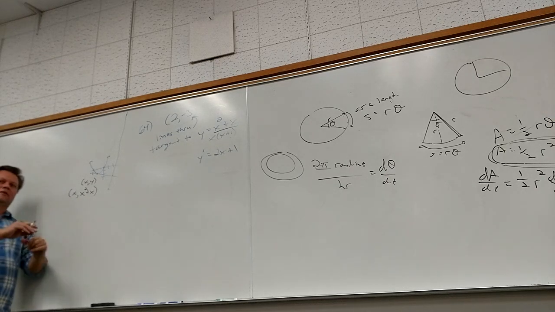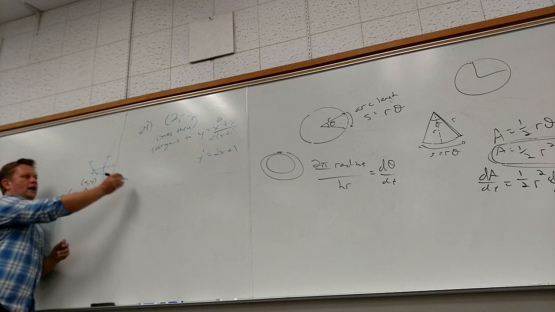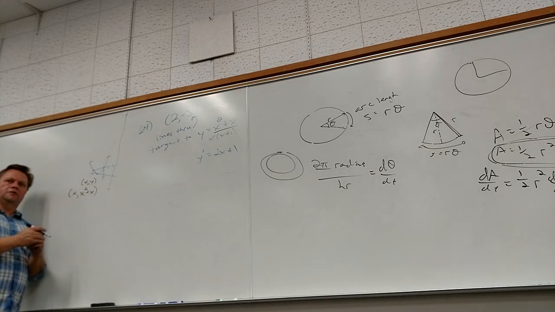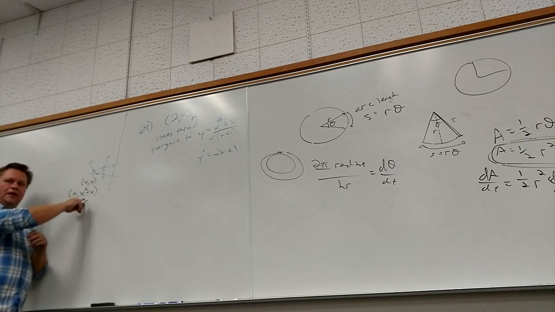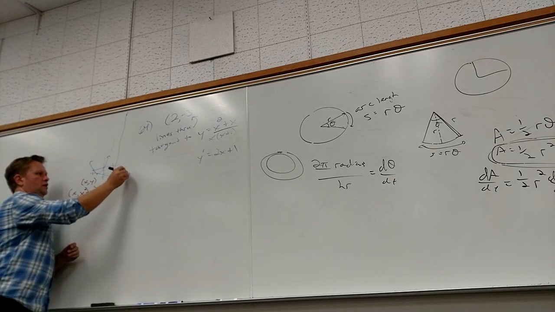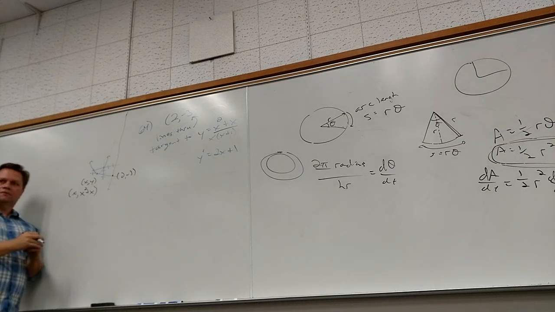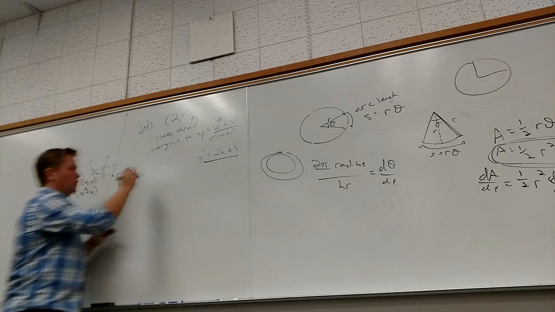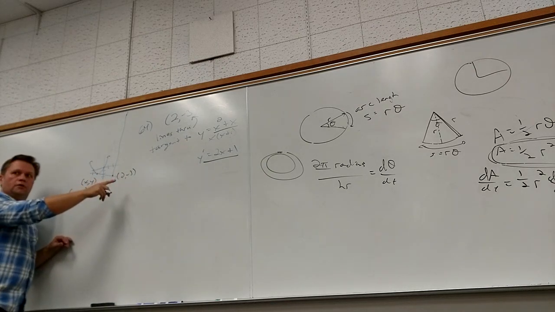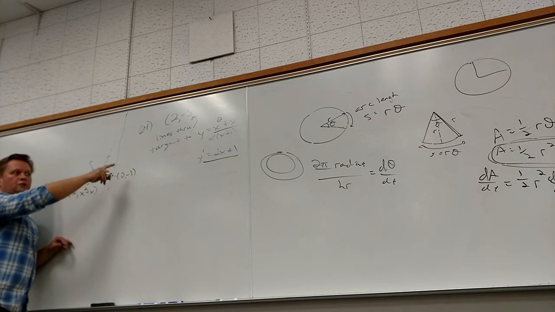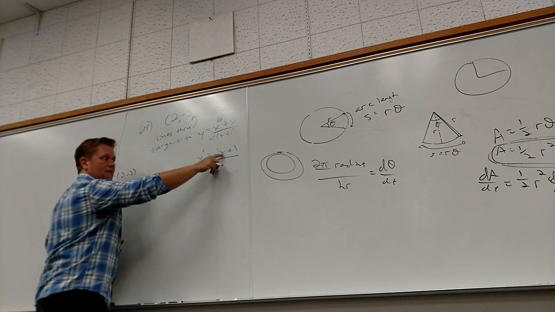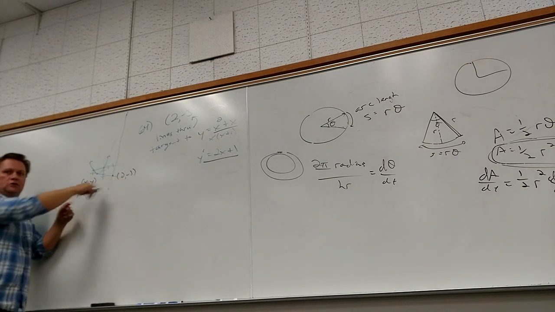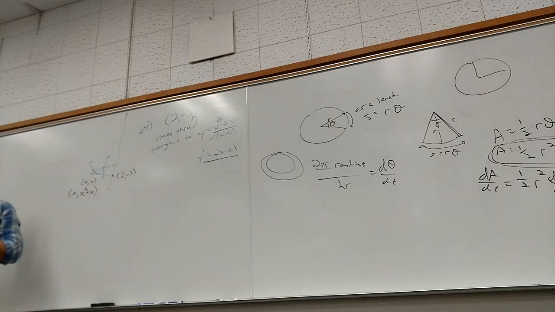Now, what is my line supposed to go through? It's supposed to go through this point and that point. 2, negative 3, right? And what was this again? This represents the slope. So if I get a slope, it better equal that. How do I get a slope between these 2 points? y2 minus y1. Yeah, okay.